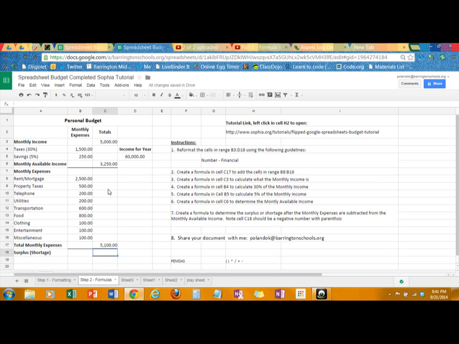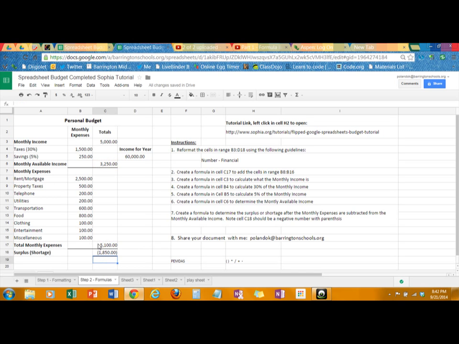That's how much money we have to spend. Uh-oh. Our expenses, though, are greater. So let's create a formula. Equals C6 less C17.